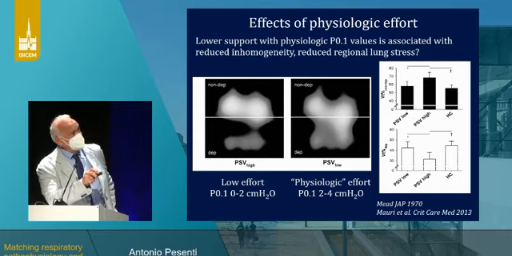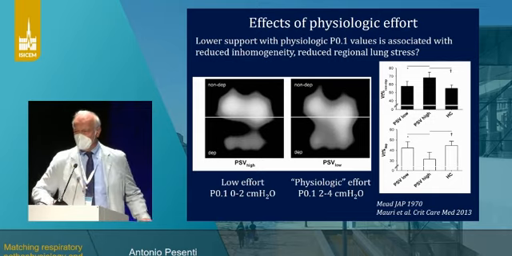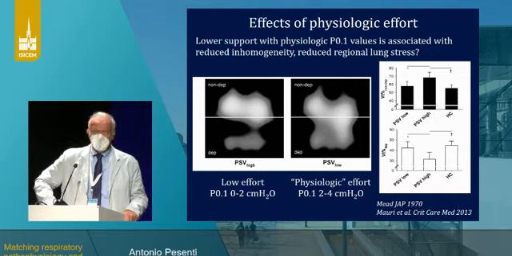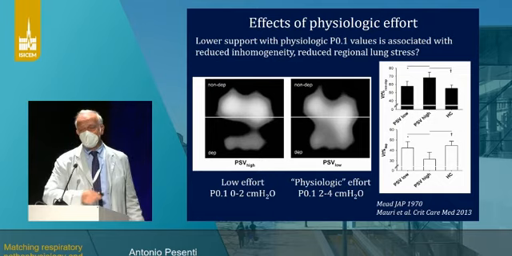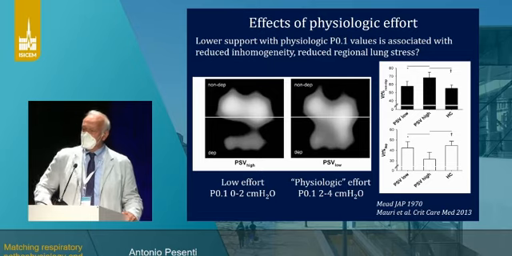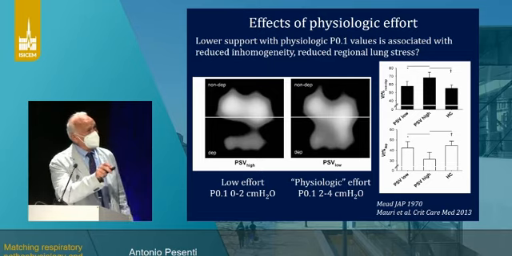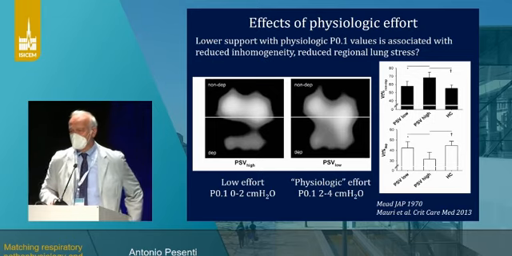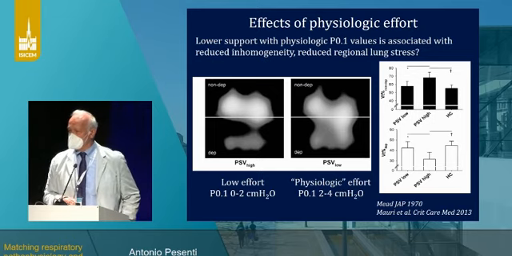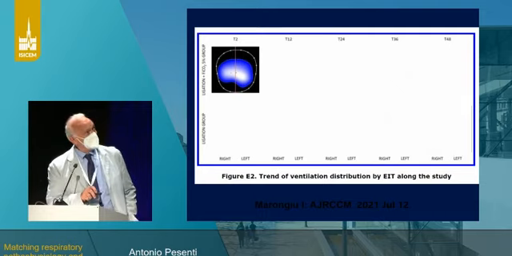And you see that ventilation is much better distributed with low level of support, because here the ventilator works and makes an unphysiological displacement of the diaphragm, while here, with the contracting diaphragm, improves the distribution of the tidal volume.